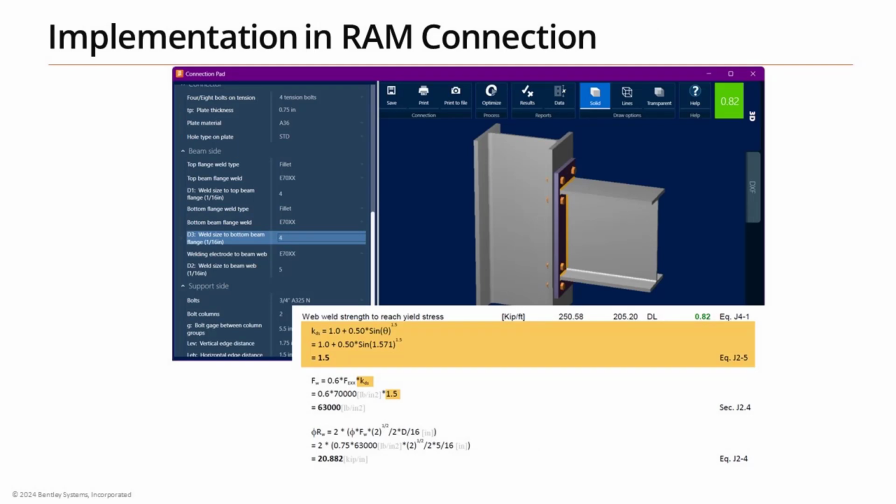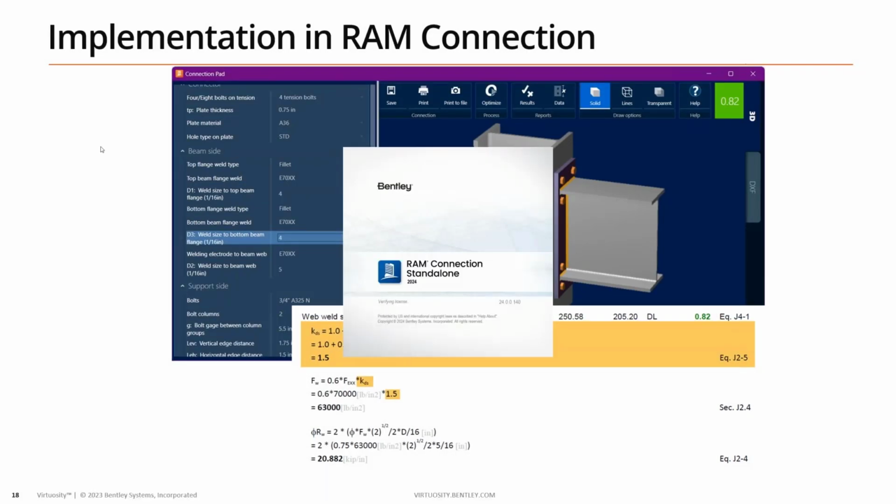There's just a static image, but I will switch. Same problem as before. I gotta reopen it. All right, so this is the standalone version of RAM connection. Before I showed you RAM connection running inside of RAM Elements. This will just be the standalone version.